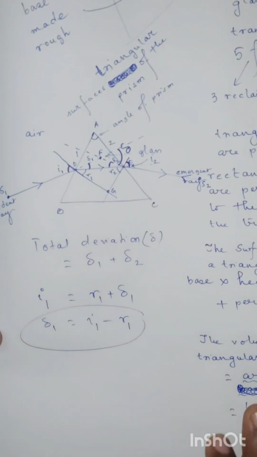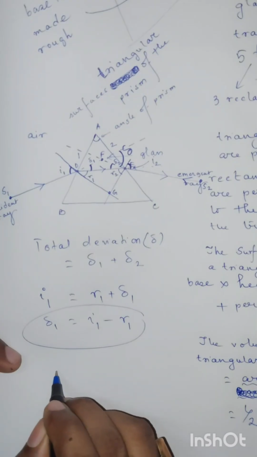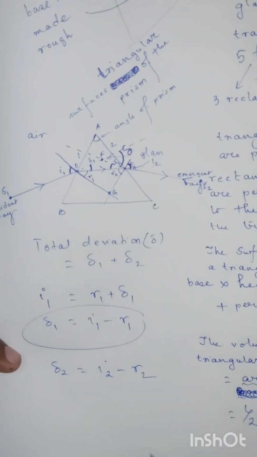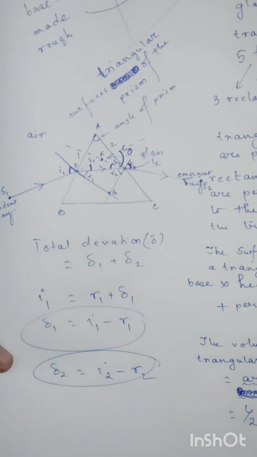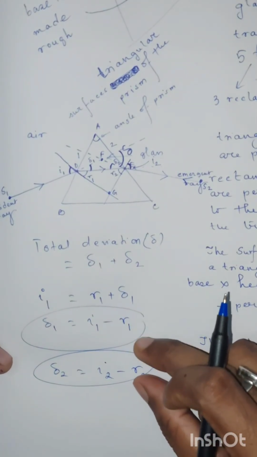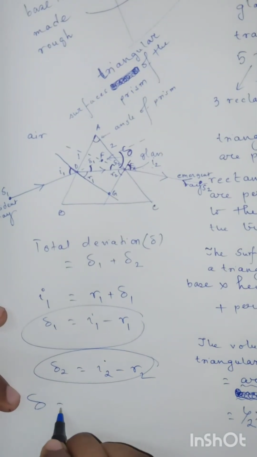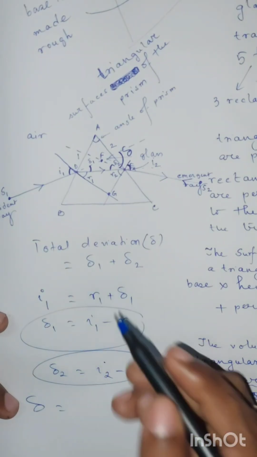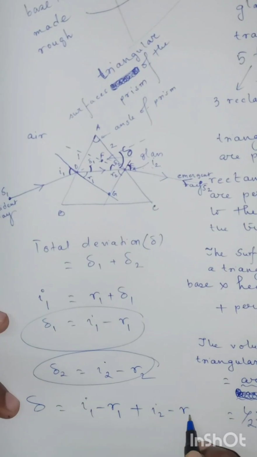Now similarly, delta 2 is equal to I2 minus R2. So if we add these two equations, we get the total deviation, that means delta equal to delta 1 plus delta 2, that means I1 minus R1 plus I2 minus R2.